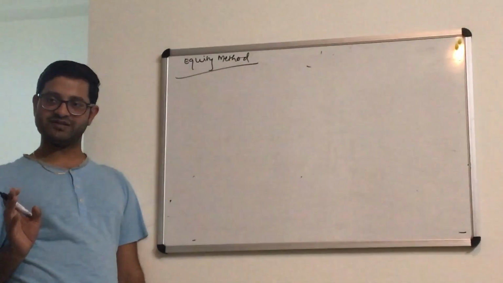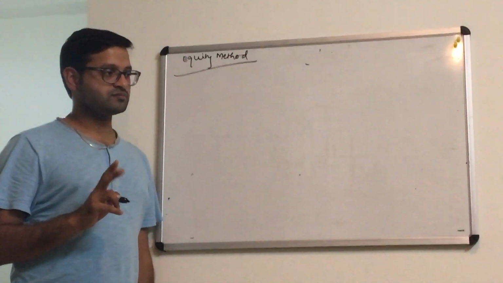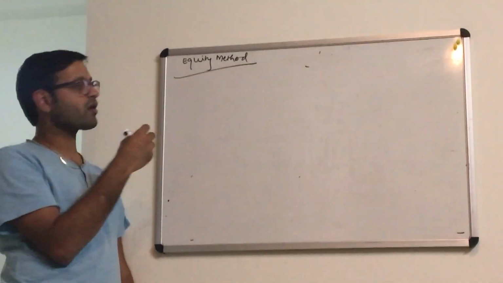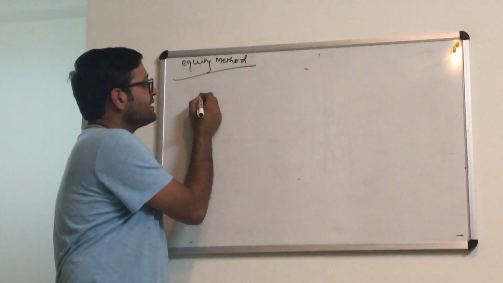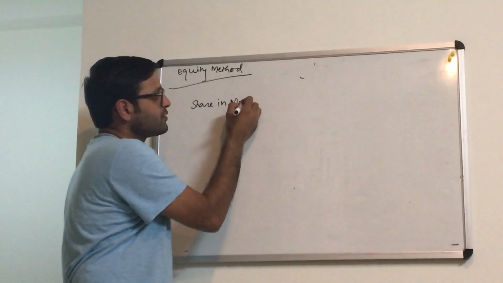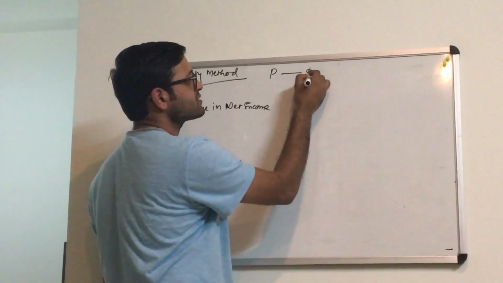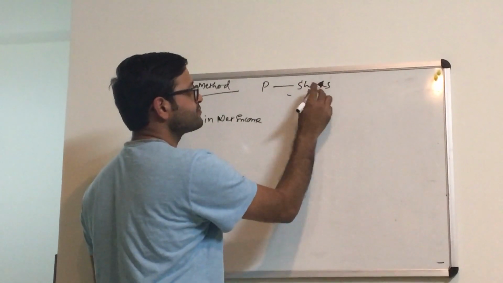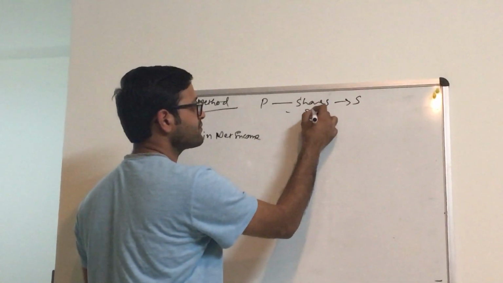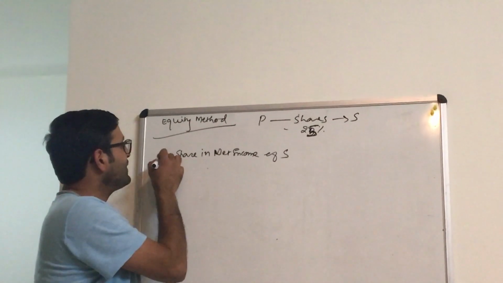There are three kinds of changes that happen in the value. One is my share in your net income. Let's say in this case P bought 25% of S. So P's share in net income of S.